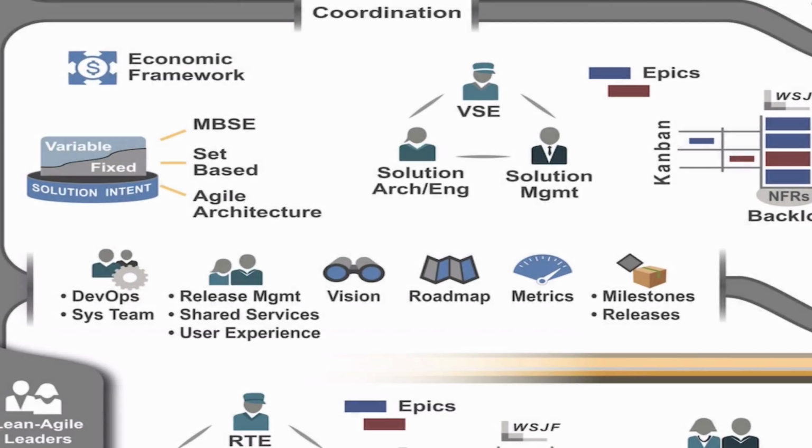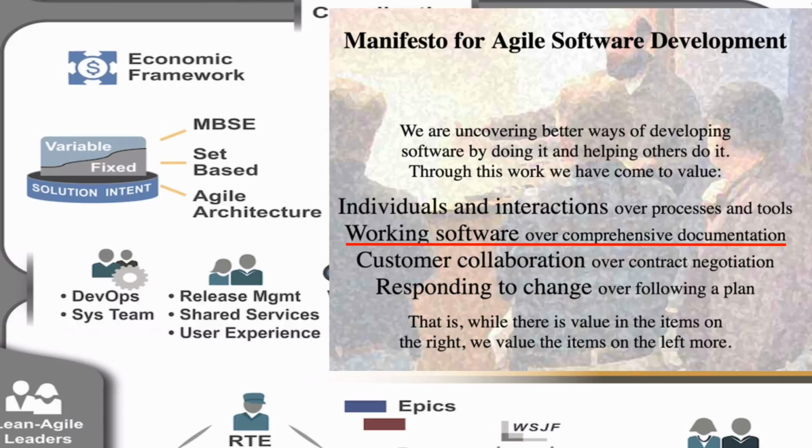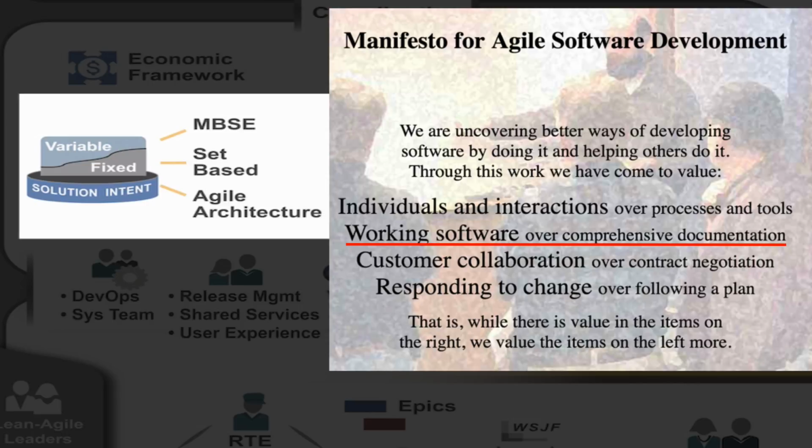Even though we agree that working software is more important than comprehensive documentation, the increased complexity and criticality of these systems calls for more rigorous documentation than most Agile teams are accustomed to. In fact, many of these systems must pass the scrutiny of regulatory audits, such as the Federal Aviation Administration, or FAA.